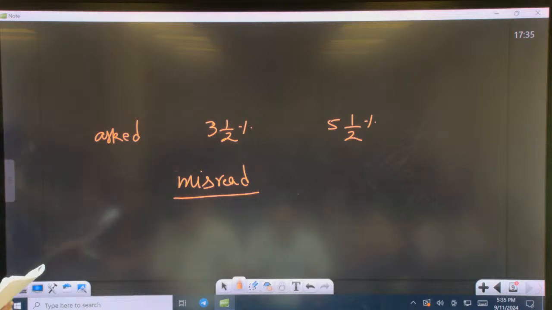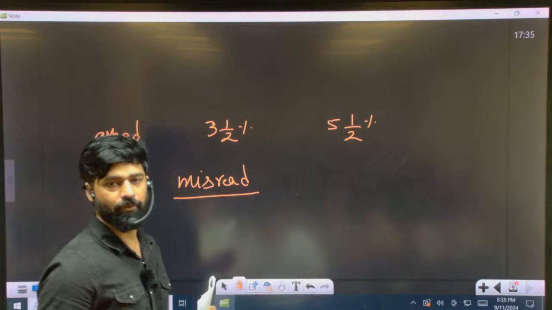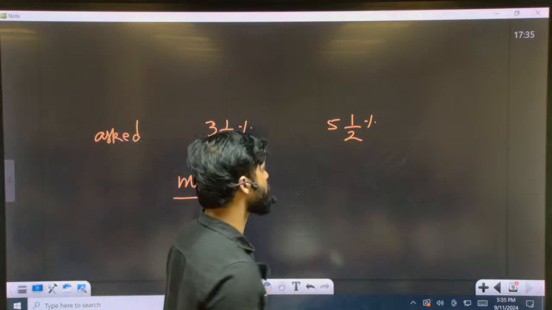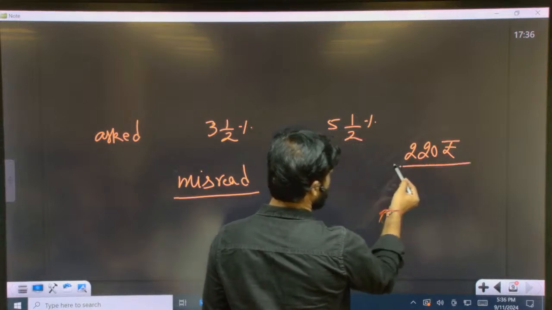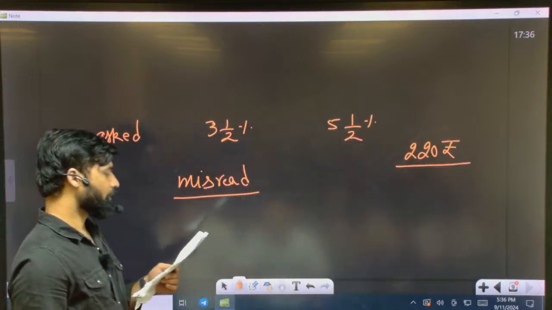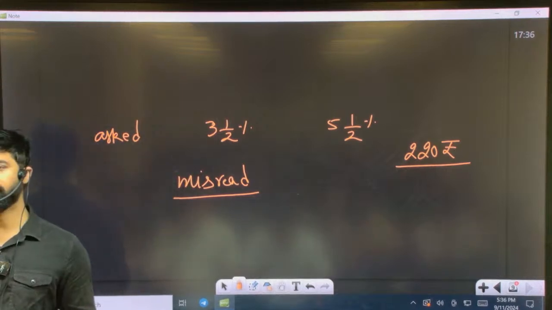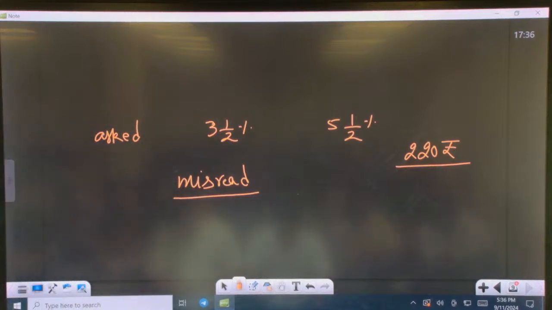Full stop. His answer was 220 rupees. Then what would have been the correct answer? Again, this is a very simple question.